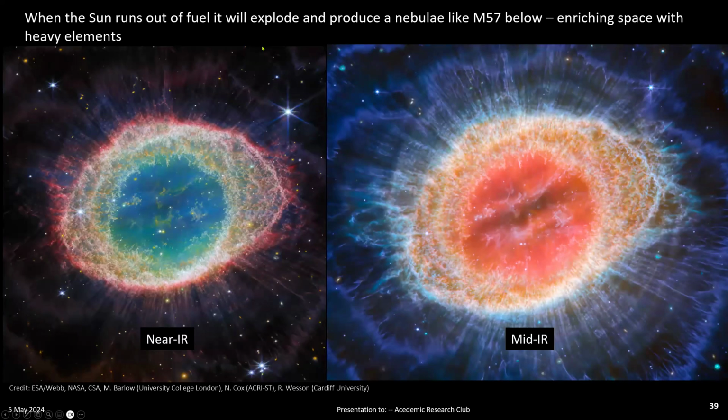When a star like our sun runs out of fuel, it produces something called a planetary nebula, and that's what's shown here. This has nothing to do with planets. The sun will throw off its atmosphere to produce a giant nebula like this. And this is Webb's image in the near and mid-infrared of a nebula called the Ring Nebula.